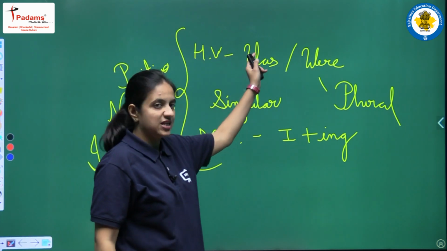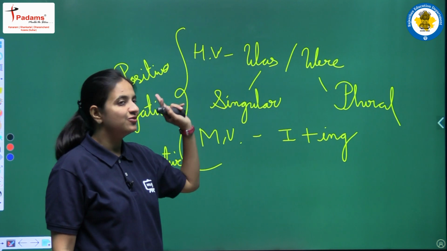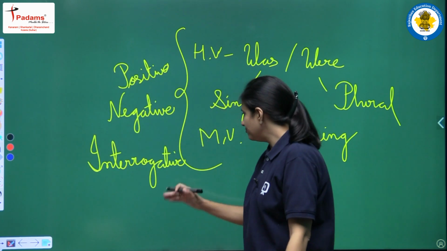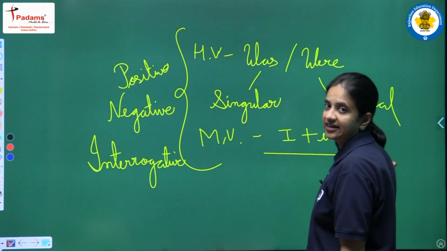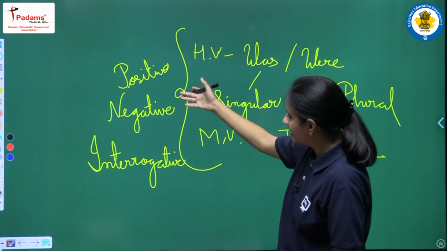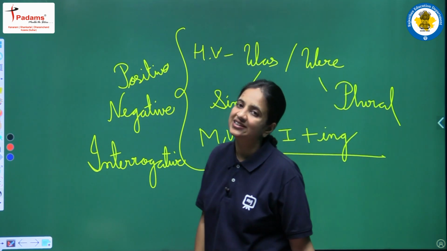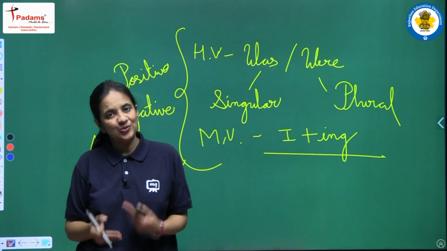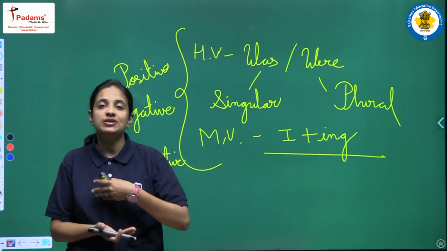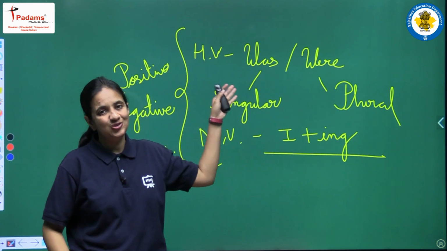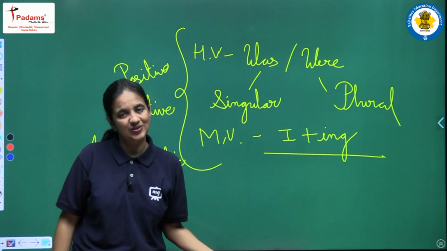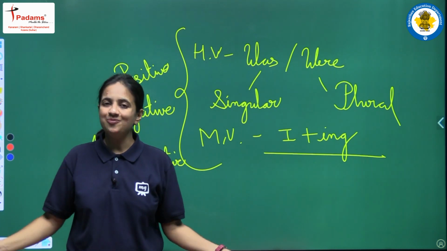The helping verb will be was and were: was for singular, were for plural. And for the main verb we write first form plus ing, for positive, negative and interrogative sentences, right? So whichever pattern or structure we are given, we have to use the same rules. Okay, so this was all about past continuous tense.